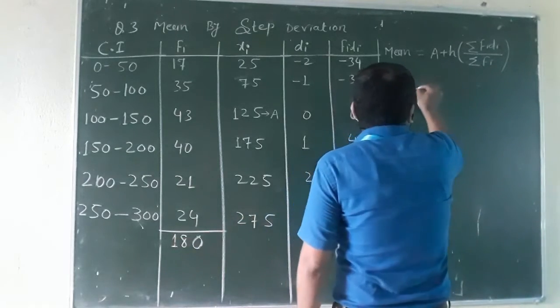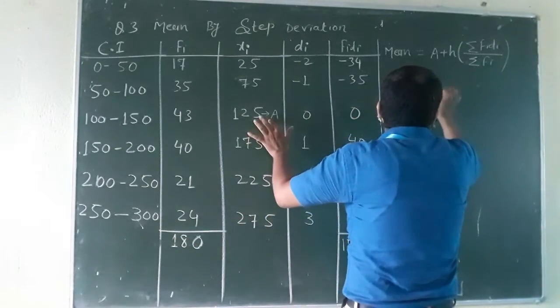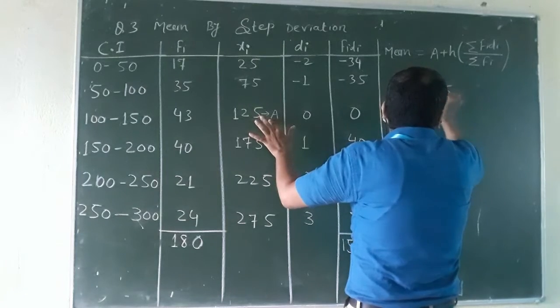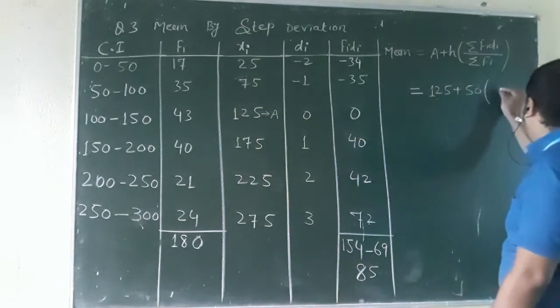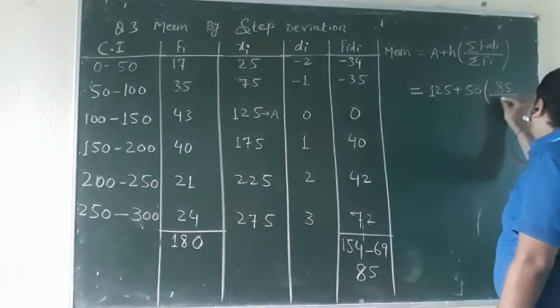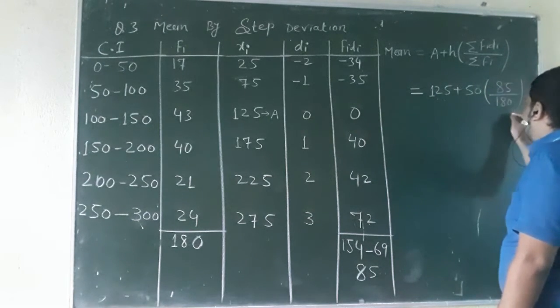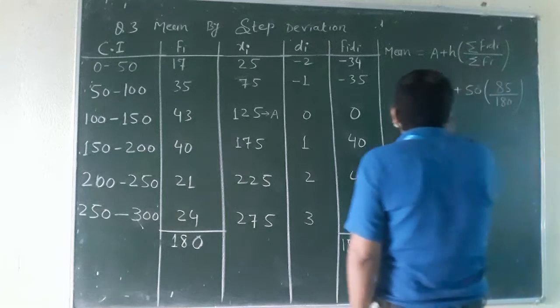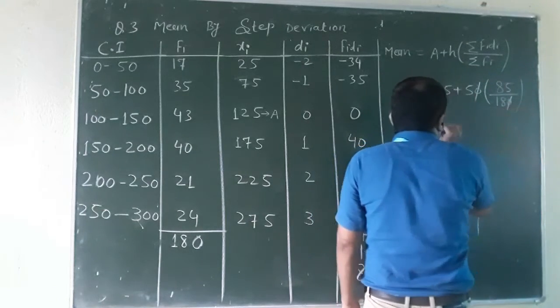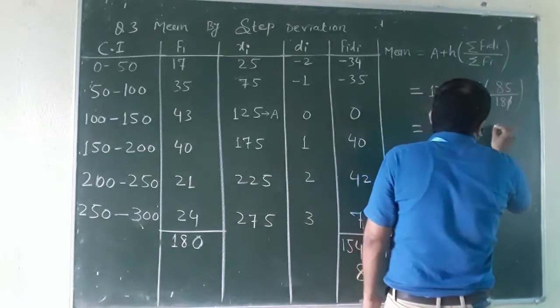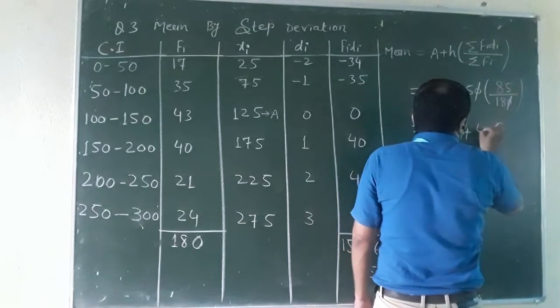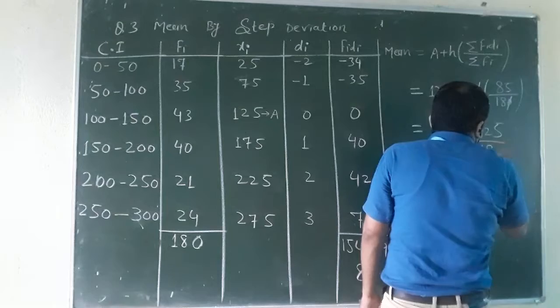So put the value of A, that is 125. Now h, that is 50. Now the sum of fidi, that is 85. The sum of fi, that is 180. So here 0 will be cancelled out. 125 plus 5, 5 plus 25, 5, 8 plus 40 plus 2 is 42, 180.